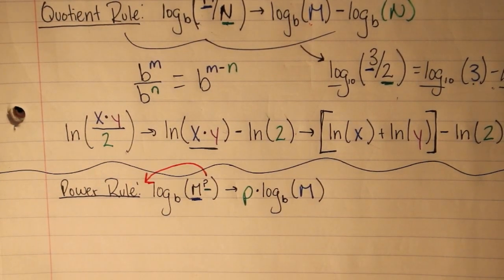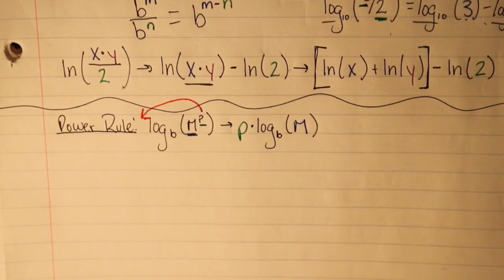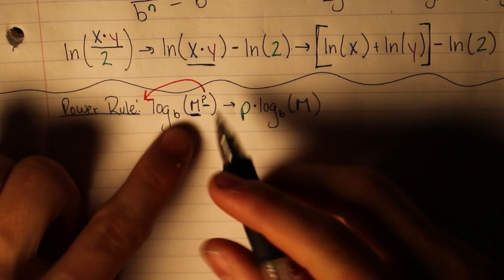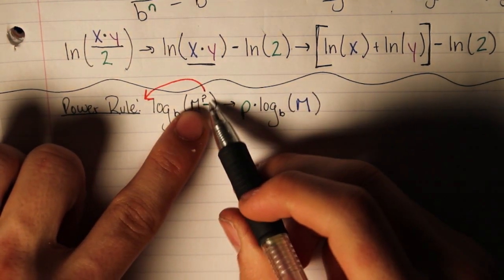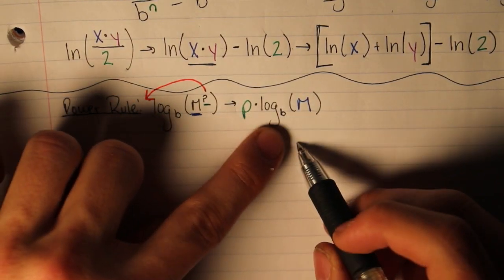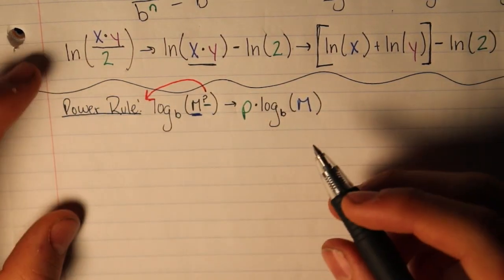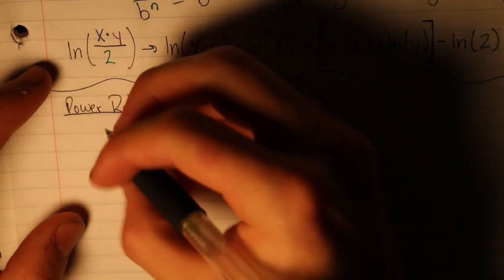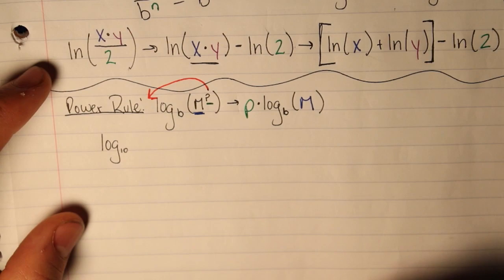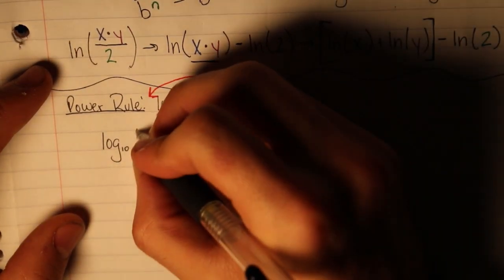So let's make sure you guys can see that. Perfect. All that's happening is we take our exponent and move it to the front. So we have p times log base b of m. What that would look like with numbers, I'm going to do the common log base 10.